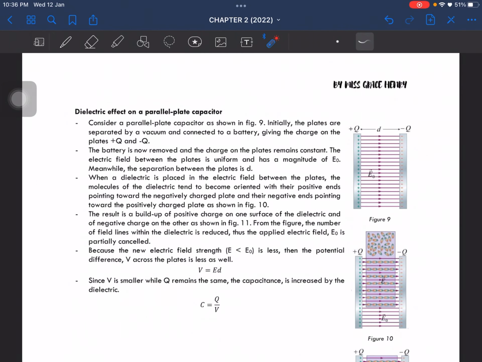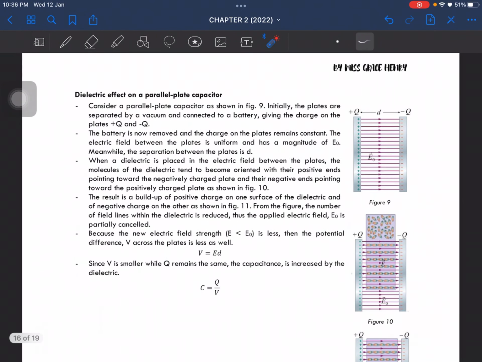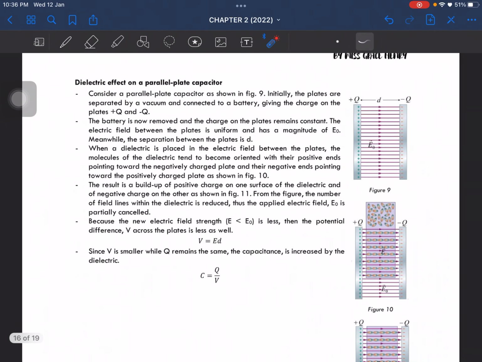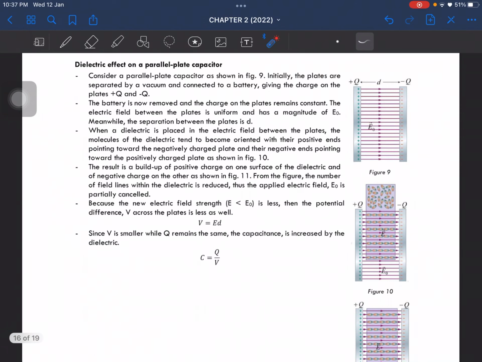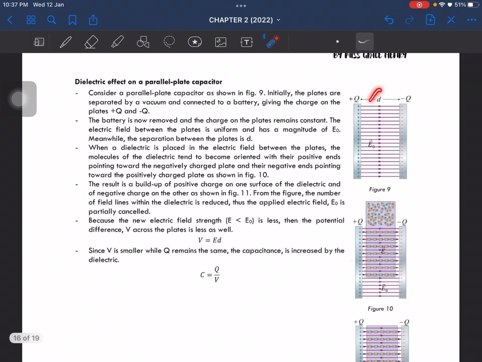So what is the effect of a dielectric material on a parallel plate capacitor? This diagram explains what happens when you insert a dielectric material. If you don't have any dielectric between the plates, they are separated by a vacuum. When connected to a battery, it gives charge to the plates, so this becomes the positive terminal and this one the negative terminal.